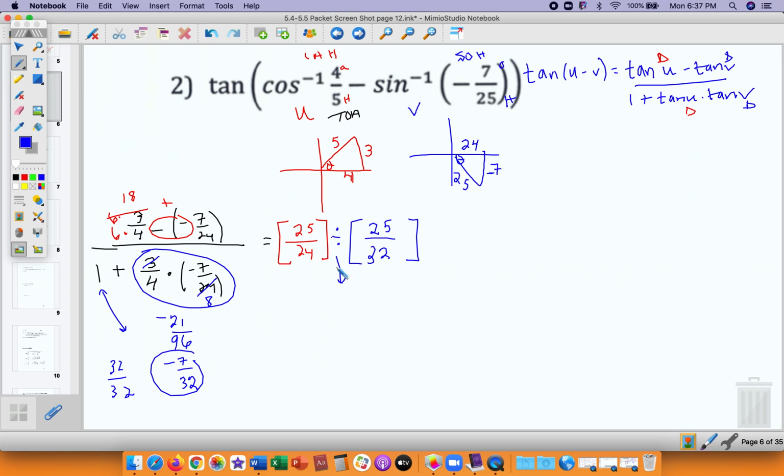Now we want to change division to multiplication and flip our fraction on the right. So we'll put the 32 up top and 25 in the denominator. Over here we have 25 over 24.